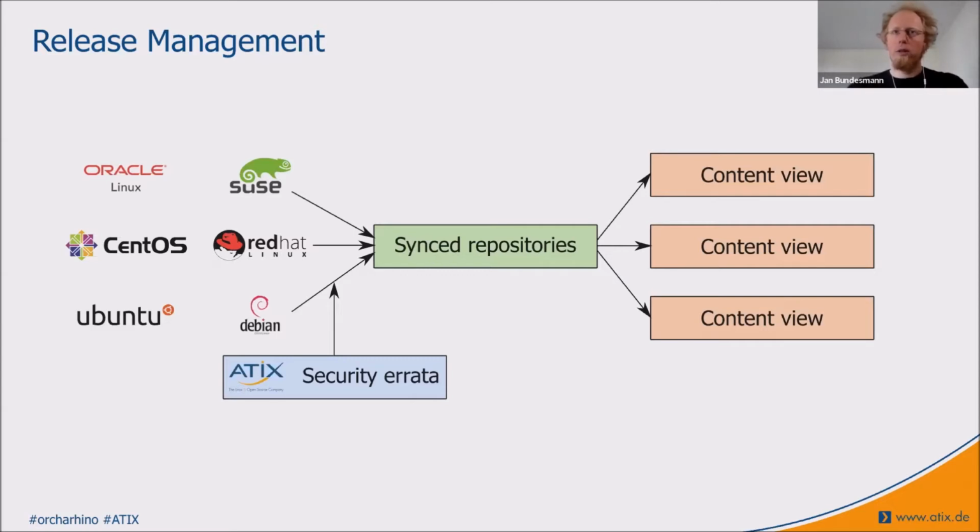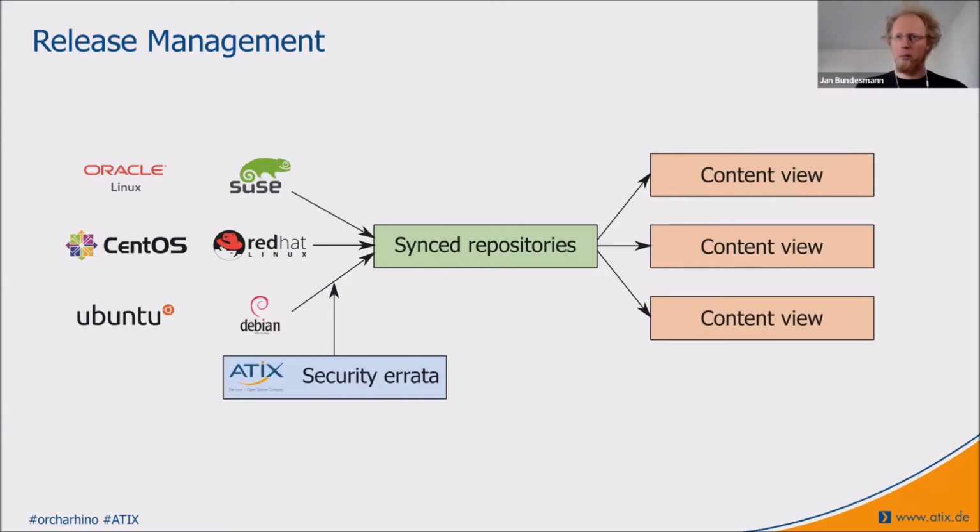And out of your synchronized repositories, you can then create something which is called a content view. So the synced repositories are stored on your orcharhino, and to make them visible to hosts, you have an abstraction layer, which is called the content view. But it's not only to make them visible, it's also meant to version the repositories. So a content view is a snapshot of a repository at a certain point in time.